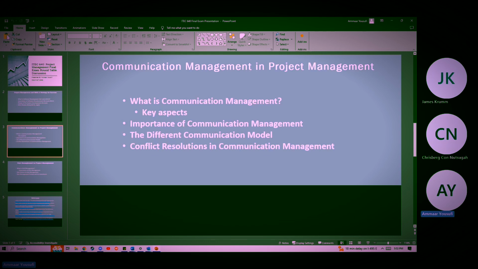Accommodating, one party gives in to the wishes of another, often to preserve harmony. Another one, competing, one party pursues their concerns at the expense of others, seeking to win the argument. Compromising, each party gives up something, making concessions to reach a mutually acceptable solution. Collaborating, parties work together to find a win-win solution that satisfies all concerns. Honestly, collaborating would be the best method for this.